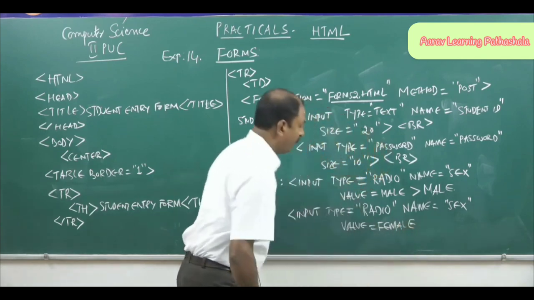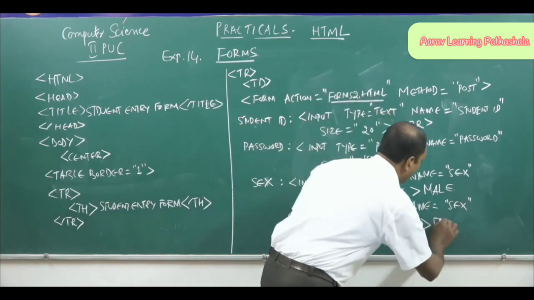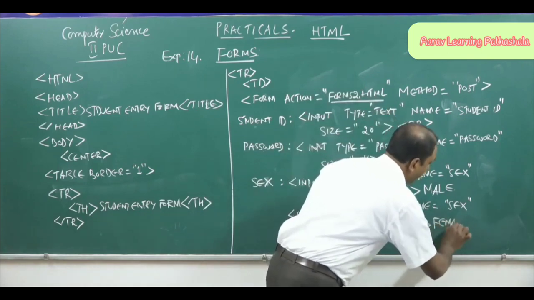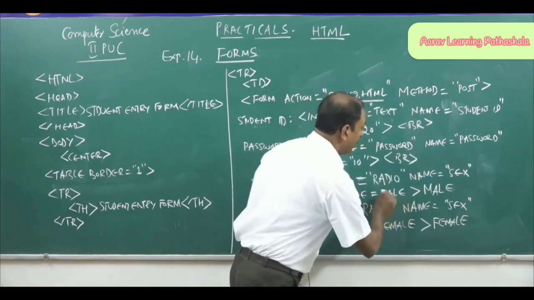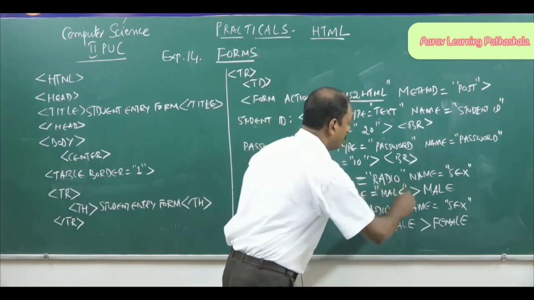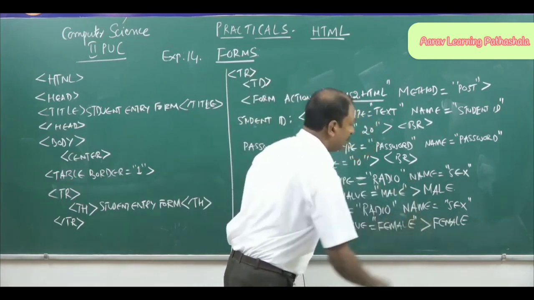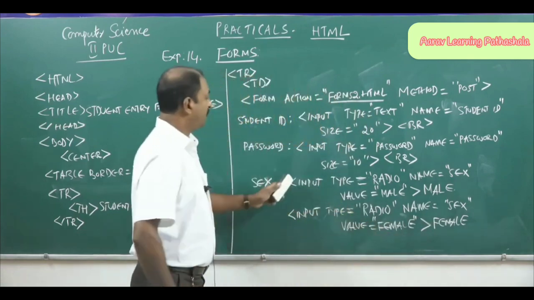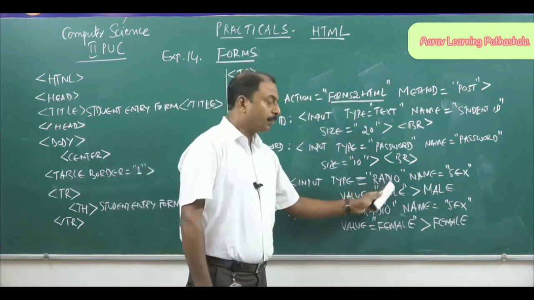I am closing this, and here the value is female. This value must be inside double quotes, so value equals female in double quotes. Then we are closing this. So this is an input tag to display a radio button, and these are the values here.